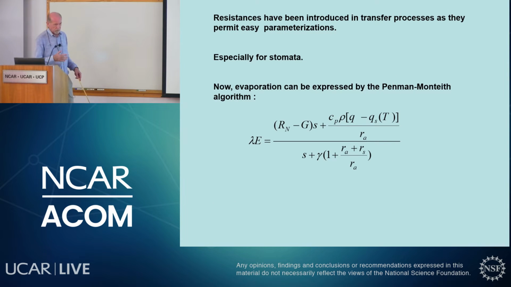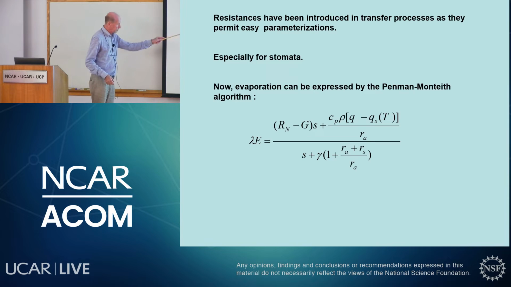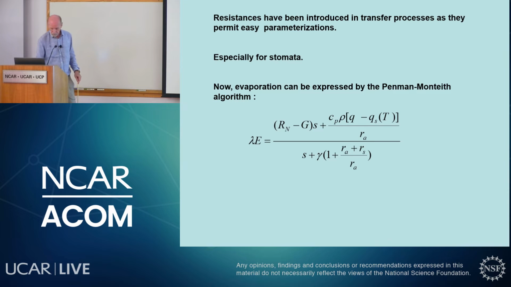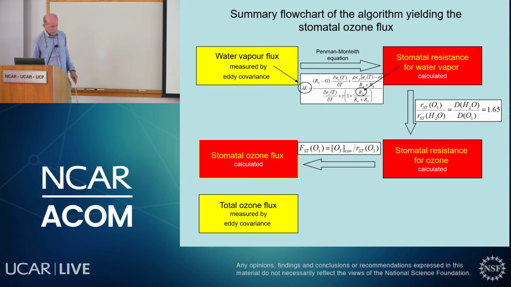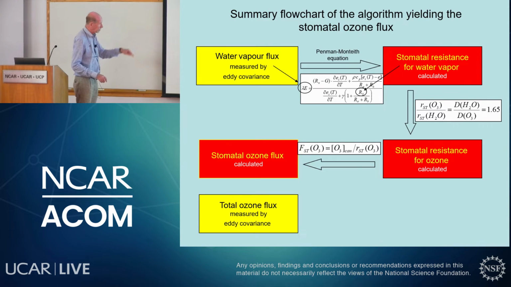But I just mentioned this Penman-Monteith equation for evaporation, which gives access to resistances, and they are then converted to the ozone stomatal fluxes. And this is the algorithm. In general, I will not go into the details, but it seems to work, although we still need an experimental confirmation, but it's very difficult.